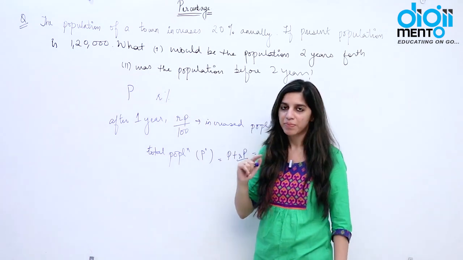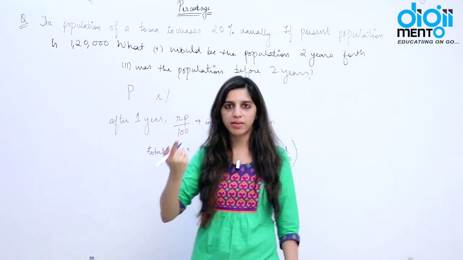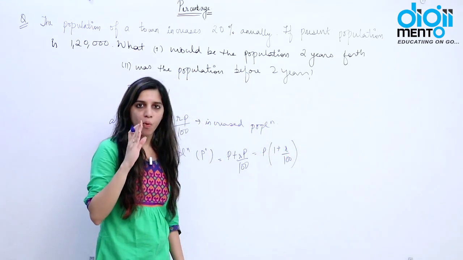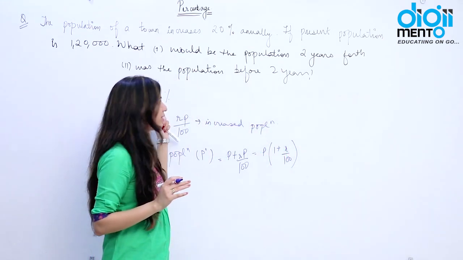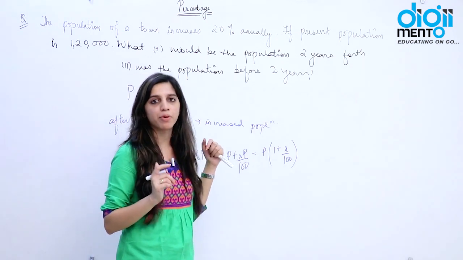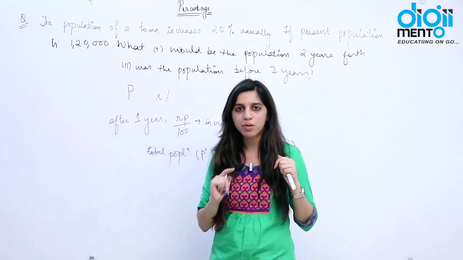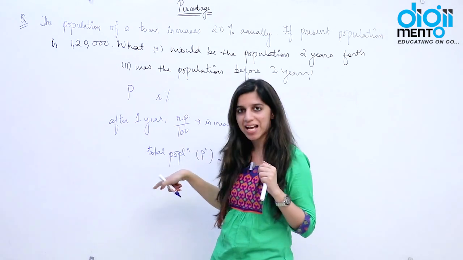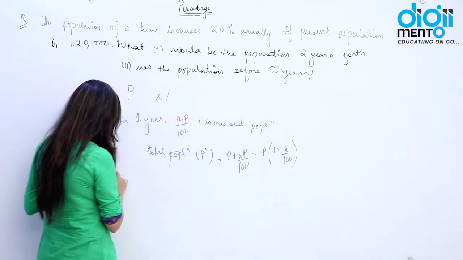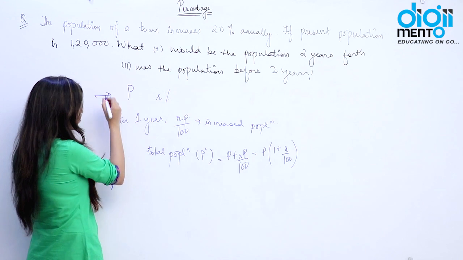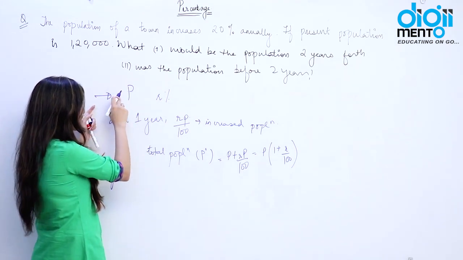happens after 1 year. Suppose I talk about another year. The point here is this R% increment is always going to happen on the present population. Now the present population is not P, it is P dash, right. So what happens after 2 years from this instant? We're talking about this instant, okay, this is the present.